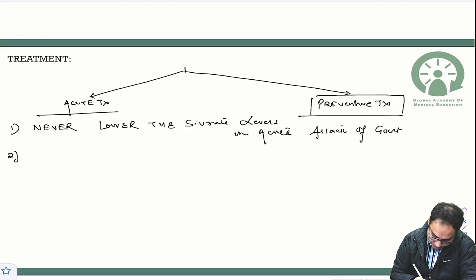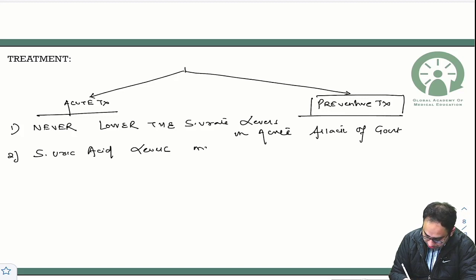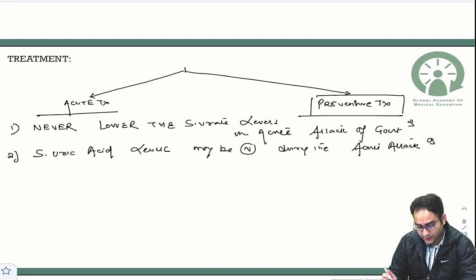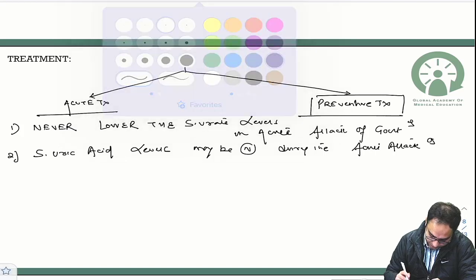Second point, serum uric acid levels may be normal during the acute attack. Okay.